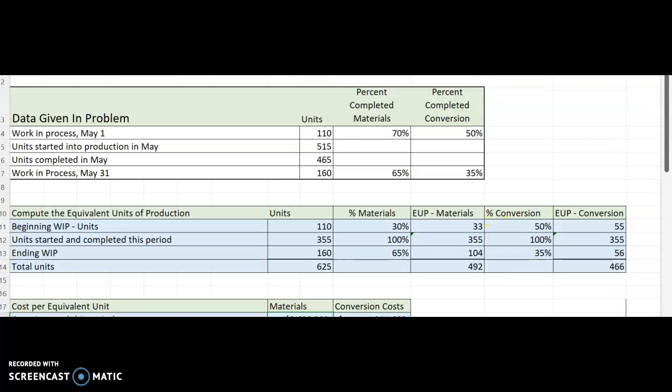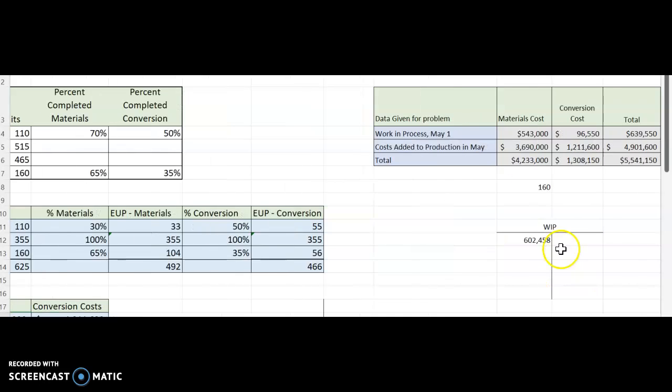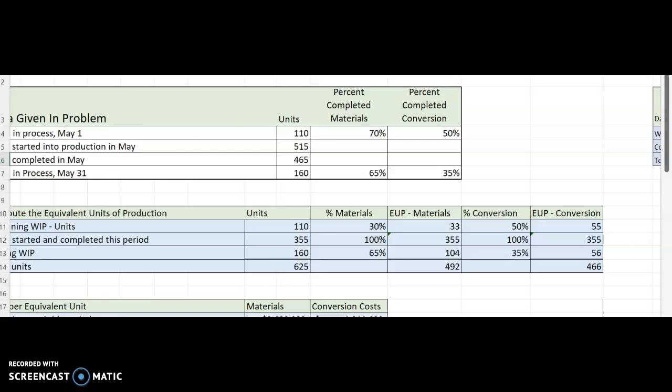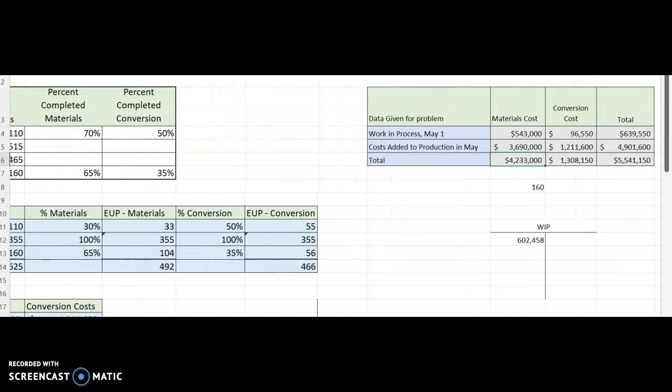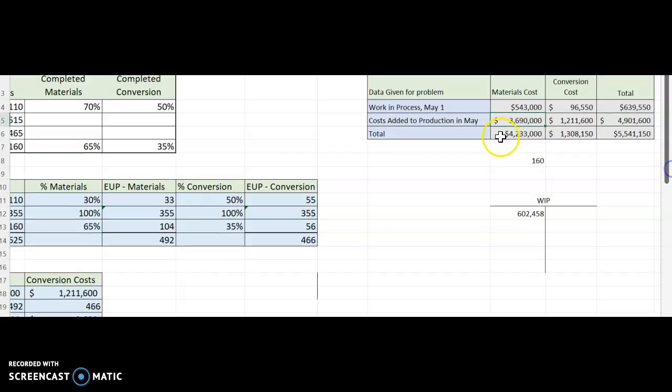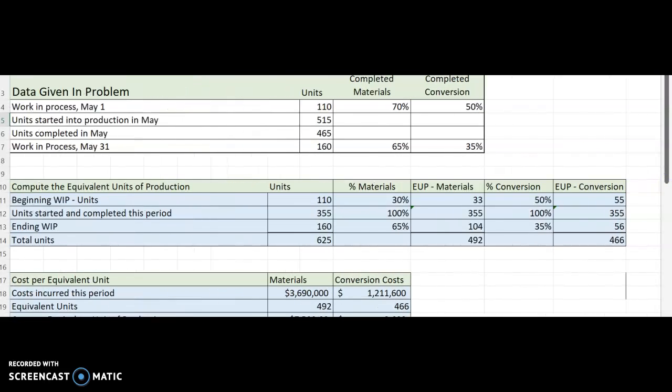Yes, so your total cost of materials, you're going to do your cost for May, just your cost for May, because that's all we're concerned about.